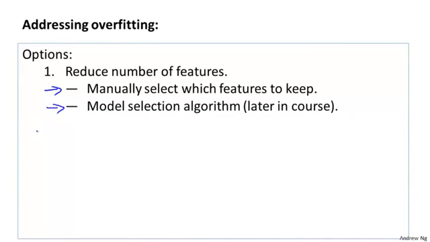This idea of reducing the number of features can work well and can reduce overfitting, and when we talk about model selection, we'll go into this in much greater depth. But the disadvantage is that by throwing away some of the features, you are also throwing away some of the information you have about the problem. For example, maybe all of those features are actually useful for predicting the price of a house, so maybe we don't actually want to throw some of our features away.